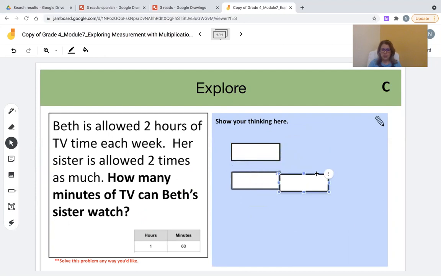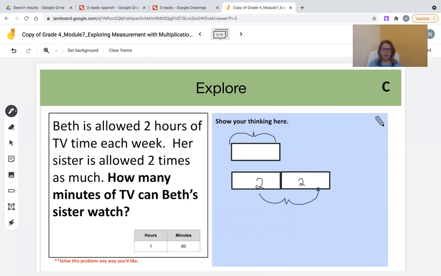I know that Beth is allowed to watch 2 hours of TV time, and her sister is allowed 2 times as much. So there are 2 hours in each tape diagram. I also know that there's a conversion table to help as I solve this multiplicative word problem.